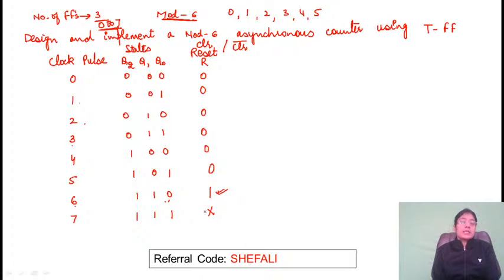So if it is mod 6, when you divide any number by 6, the possible remainders are 0, 1, 2, 3, 4, 5. This means a total of 6 states are represented. So up to 5 it won't reset. As soon as the next remainder 6 comes, for example if the number is 36, 6 divided by 6, it will go back to 0. So that's why here we are going to reset the value. Clear?